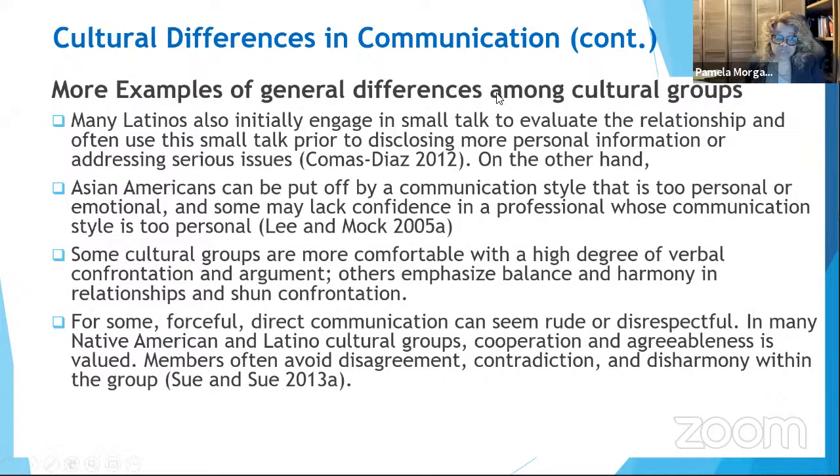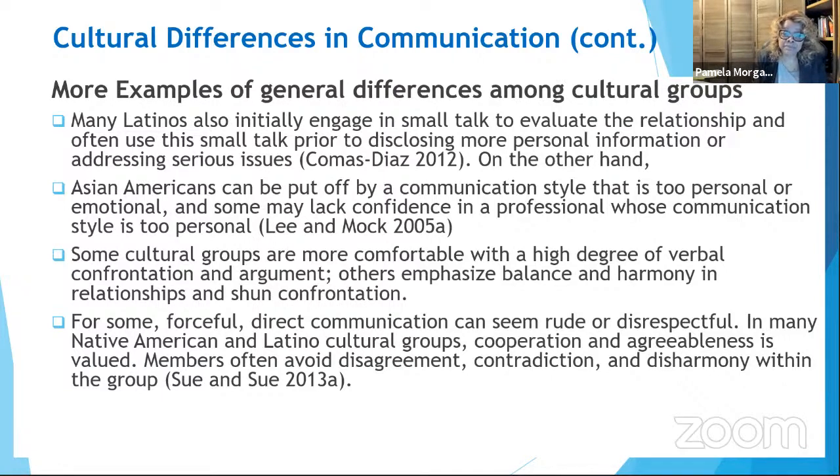Here's some more examples. Another study shows that many Latinos also initially engage in small talk to evaluate the relationship. And they often use this small talk prior to disclosing more personal information. So that small talk helps them determine whether or not they want to move forward in more self-disclosure.